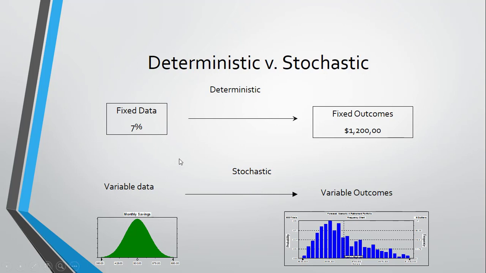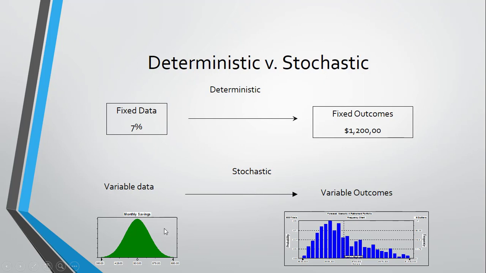If you put down a fixed amount, like $500 a month, and you have a fixed return on interest rate, 7%, then it's deterministic, and you have a fixed outcome. When you retire after 30 years, you probably get $1.2 million in the account, so you can retire comfortably in Florida or Colorado, wherever you want to go. That's deterministic. But it could be stochastic.